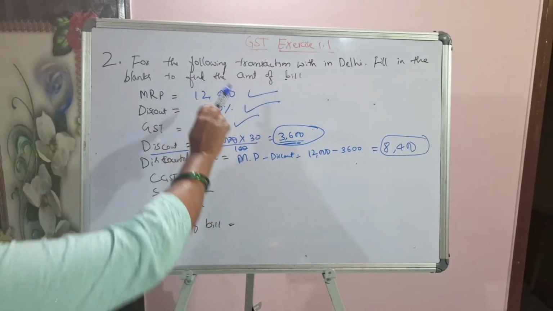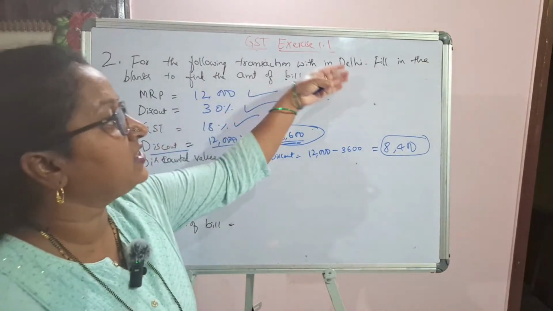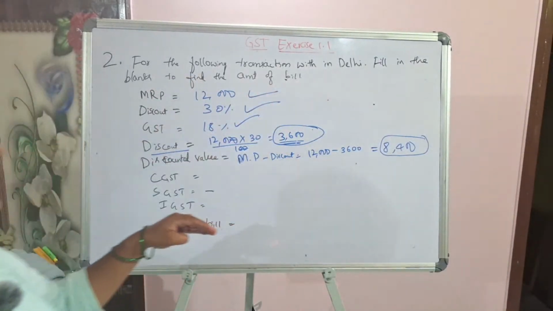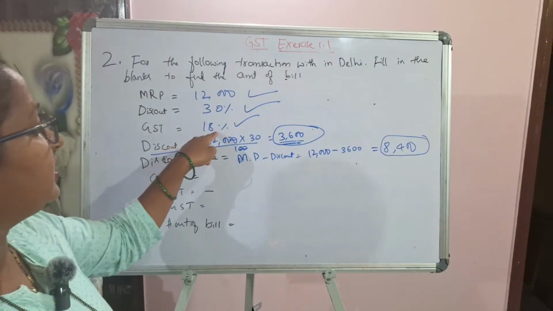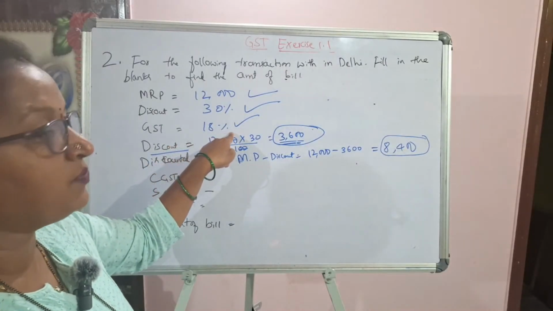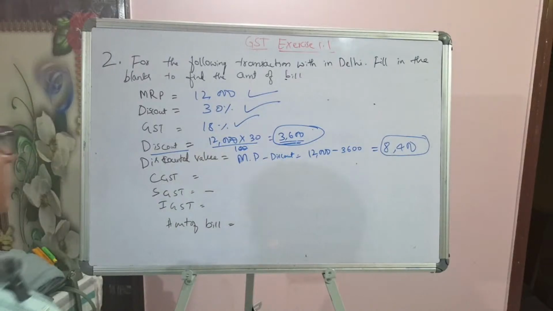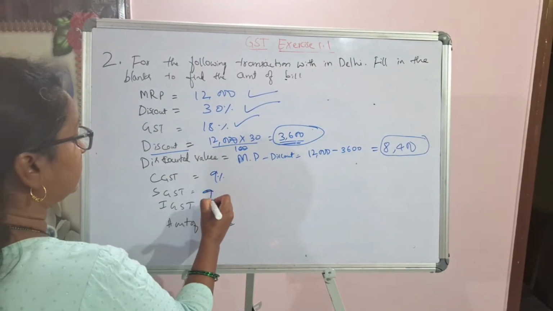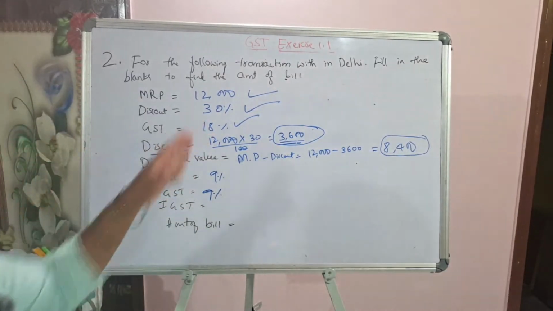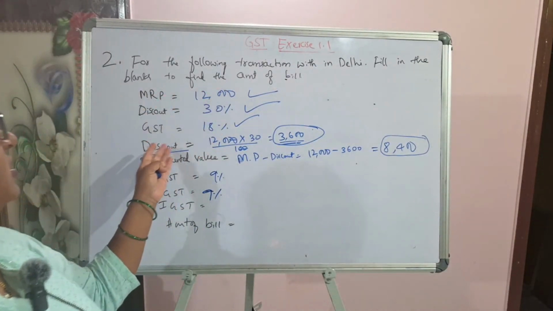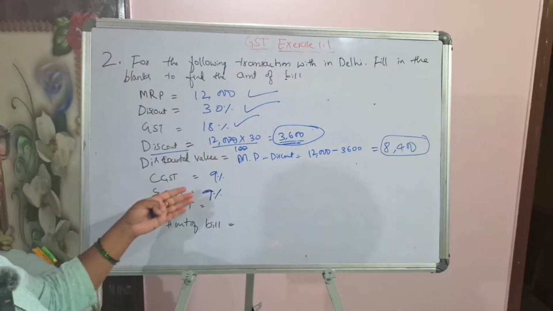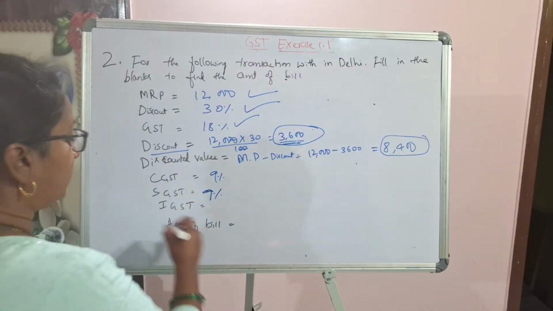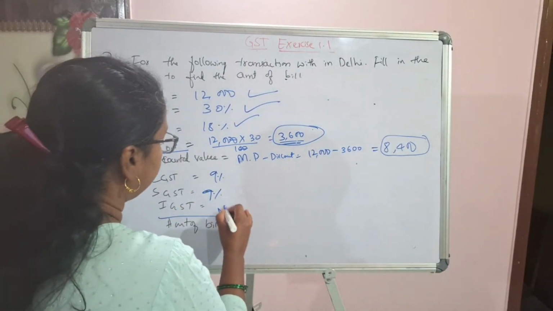Since the transaction is within Delhi, that means it is an intrastate transaction. That means the GST given is 18%, means CGST is 9% and SGST is also 9%, that is 18% divided by 2. And the IGST is nil.